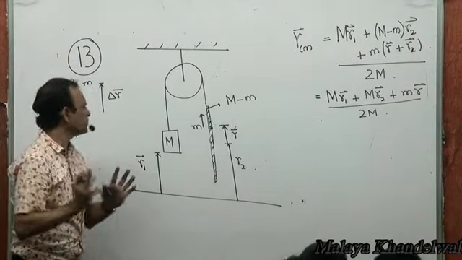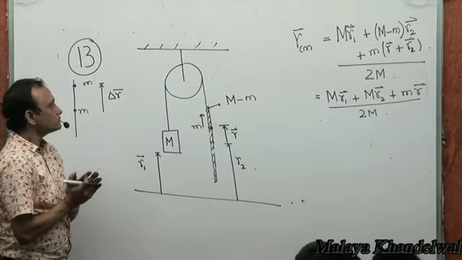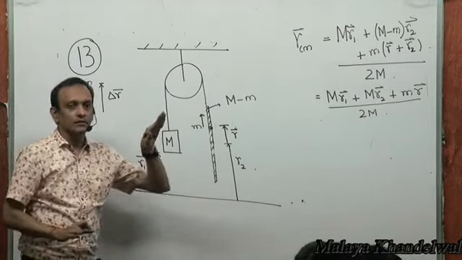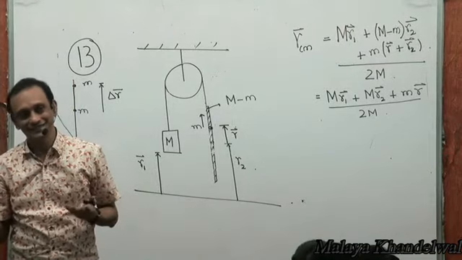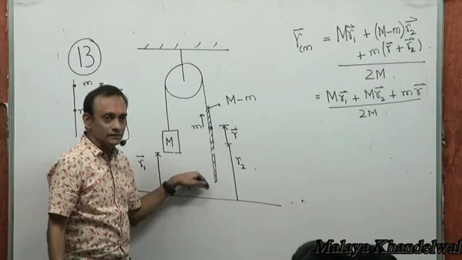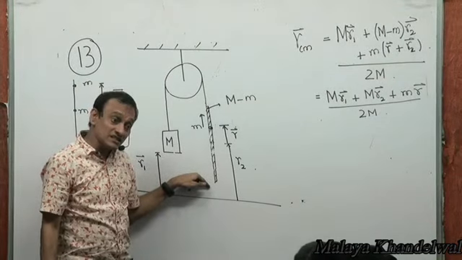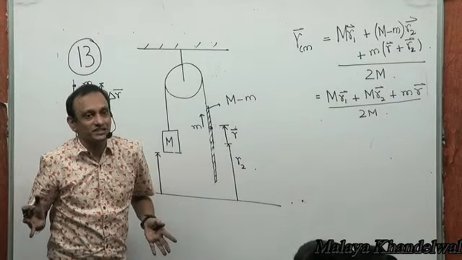Okay, now, very simple. This mass and this ladder would get displaced by equal amounts but in opposite directions. Yes or no?